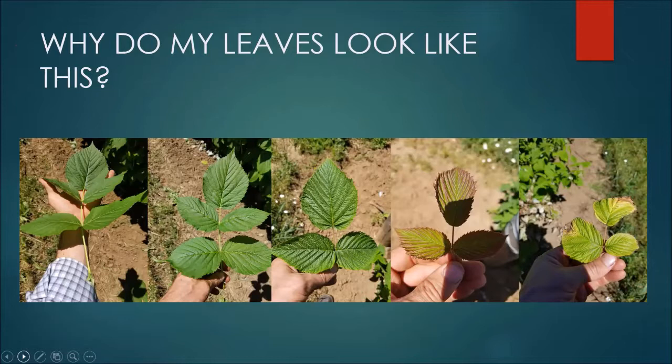So all of these pictures were taken on the same day in the same block, and all of these are due to nutrient variations due to soil type. All of these leaves are actually on the same nutrient program, believe it or not.